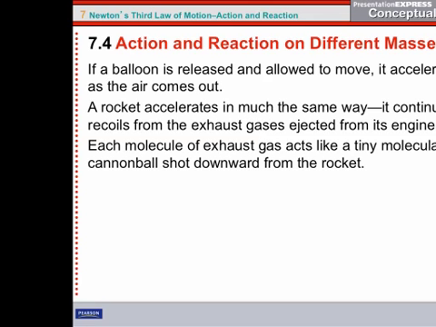The balloon recoils and moves the other way. So think of a rocket as being just kind of a tiny molecular cannonball shooter, with the gas molecules being the cannonball, and the rocket or the balloon being the cannon, and we get the equal and opposite forces from those two things.